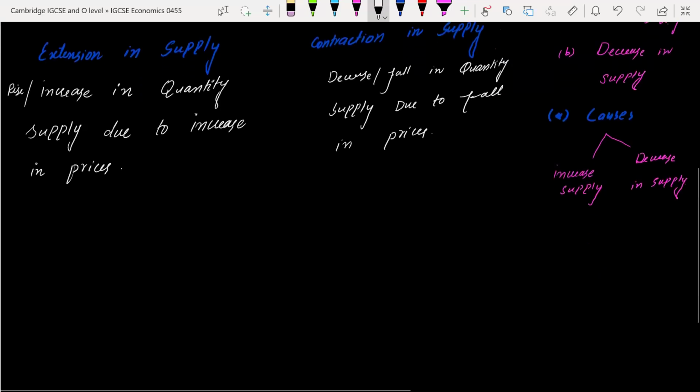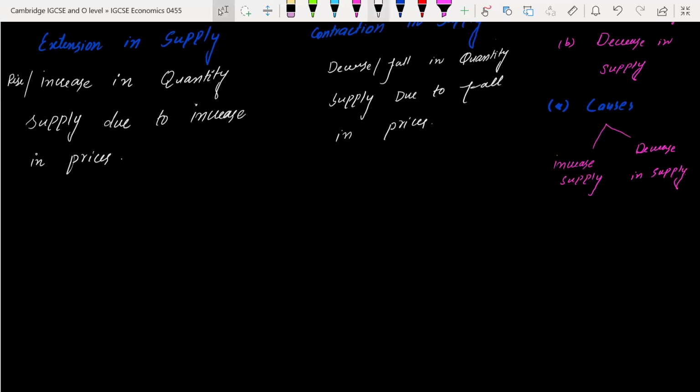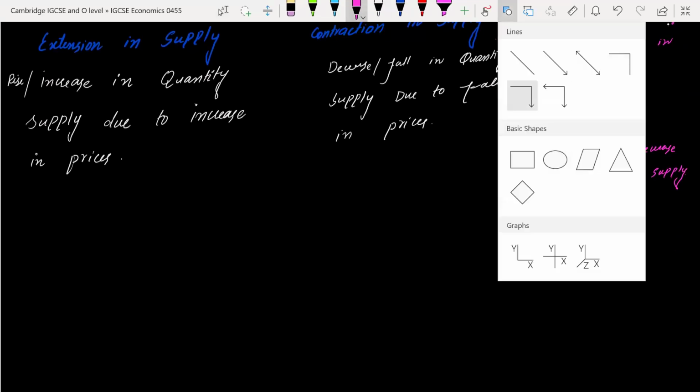Let me make the table. Extension in supply first.